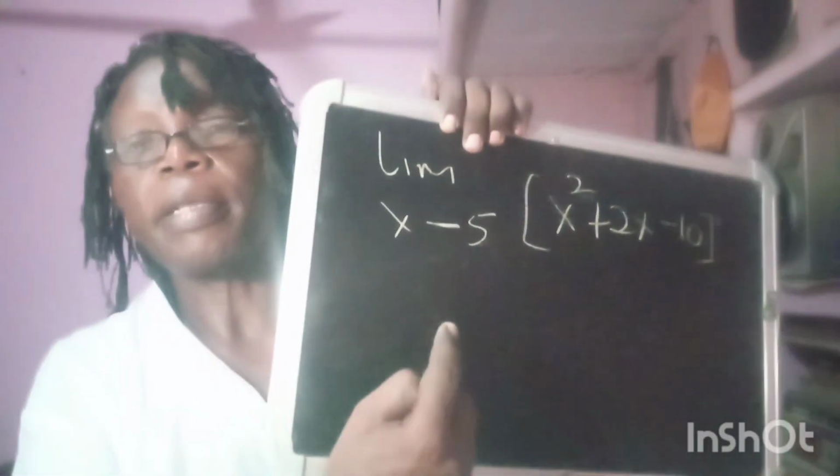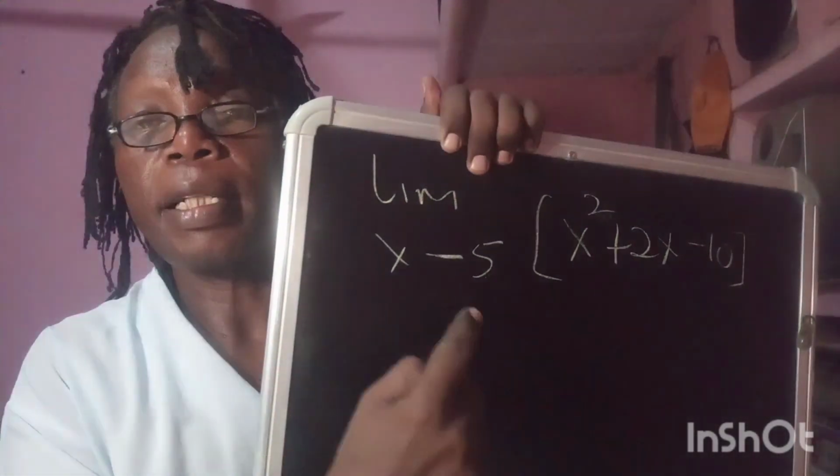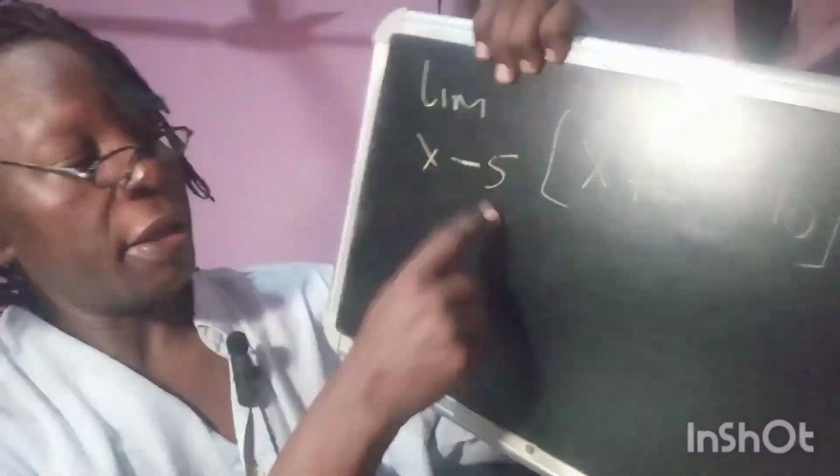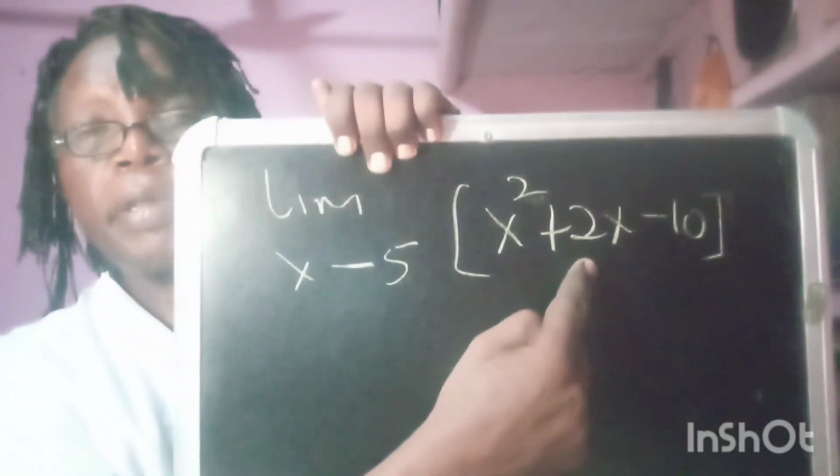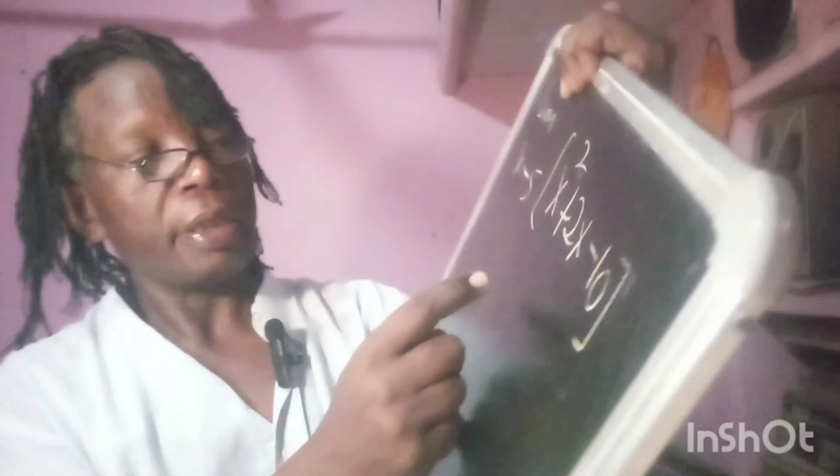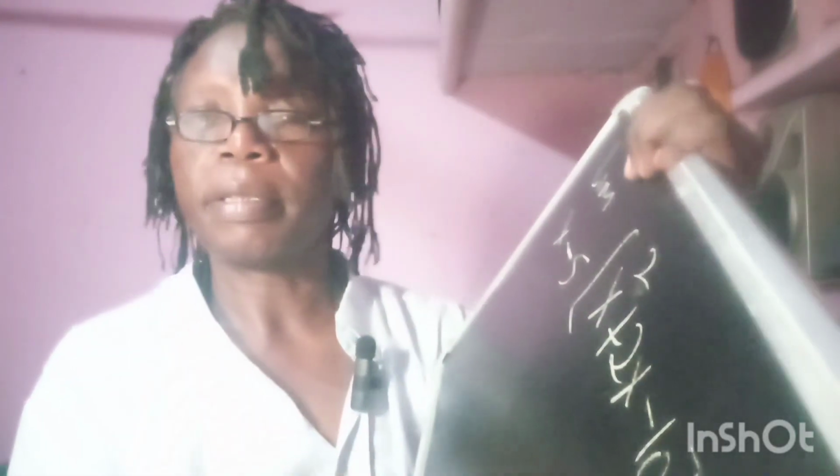We can have something like 10, for example. I think it doesn't matter. So as x gets closer to 5, this thing approaches a certain limit. And let's do that direct substitution.